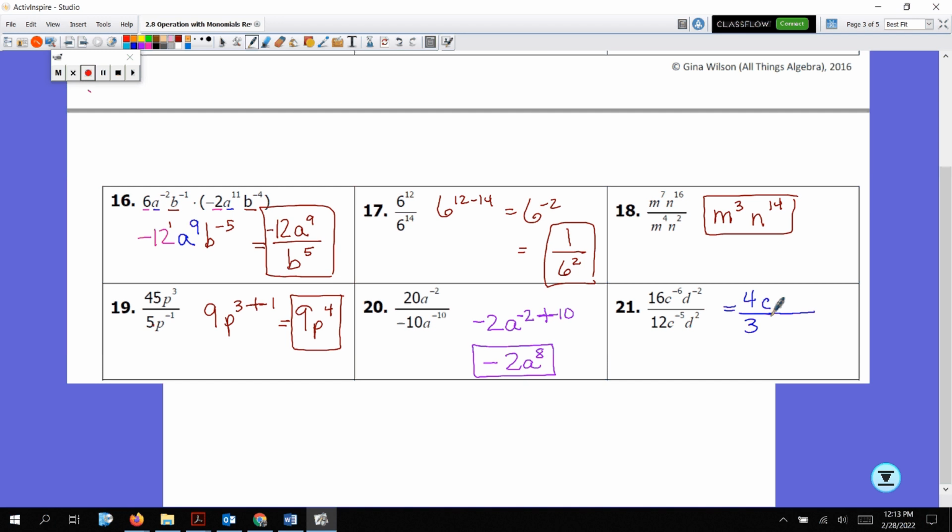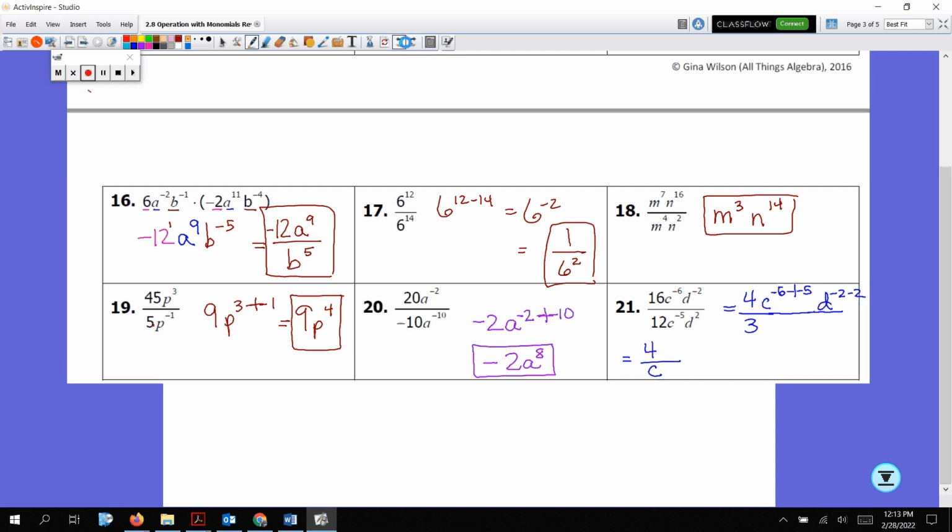Okay, so c to the negative 6 minus negative 5, and d to the negative 2 minus 2. Well, we'll see, negative 6 plus 5 gives me negative 1.